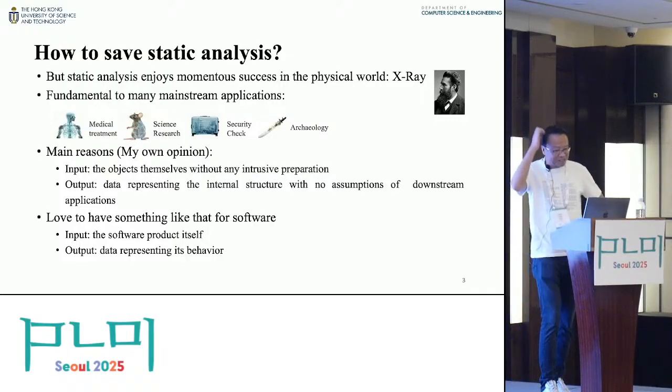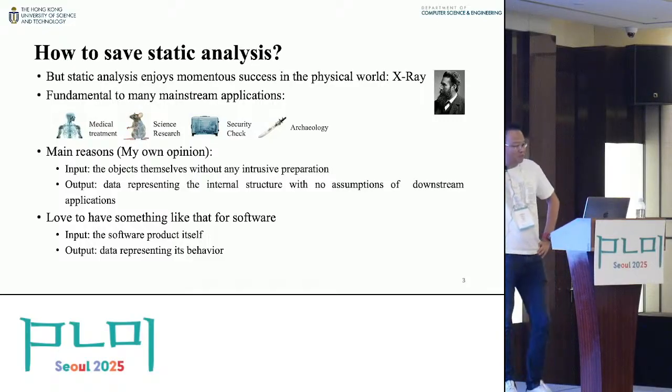Since it's a keynote speech, I have to do something provocative. So I'd like to open with how to save static analysis. Maybe arguably, and that's my personal view, I feel that static analysis is somewhat on the decline in the past few years. Last year we published a paper about buffer overflow detection, just to give you some idea why I feel that way.